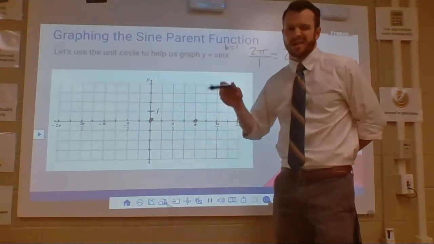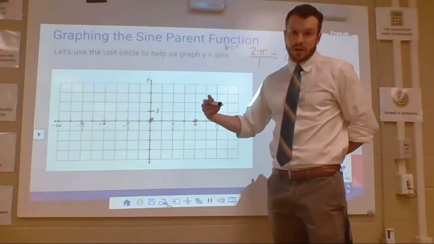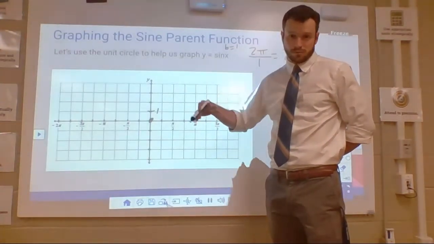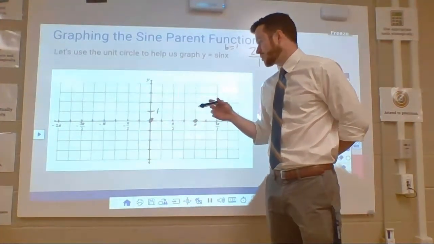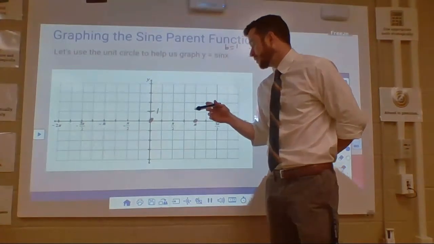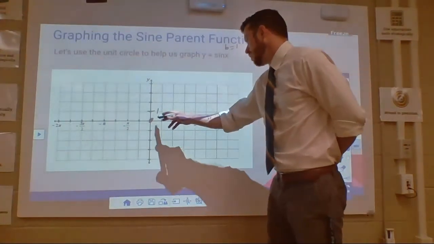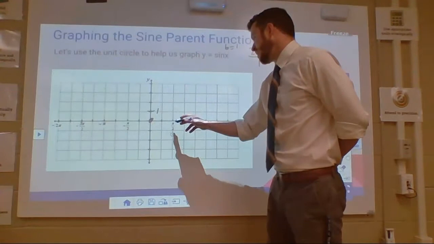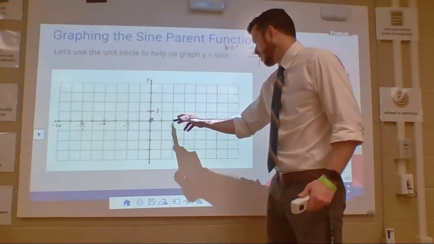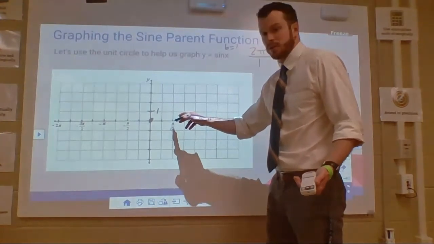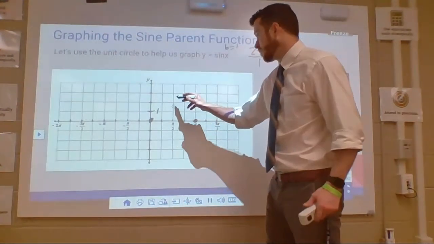Now, this is just a shortcut. If you want to look at how the unit circle pertains to this, rewatch that video that you watched earlier this week. All right. So now you're going to have a maximum at pi over 2. That's because when you have pi over 2 radians on the unit circle, the y value, the sine value, is 1.